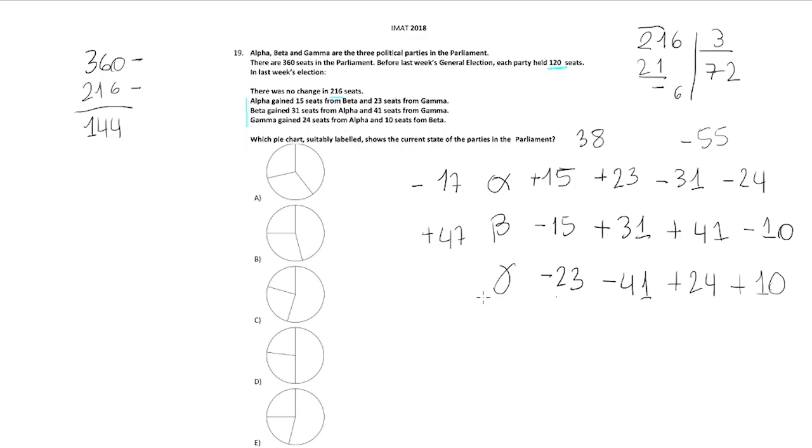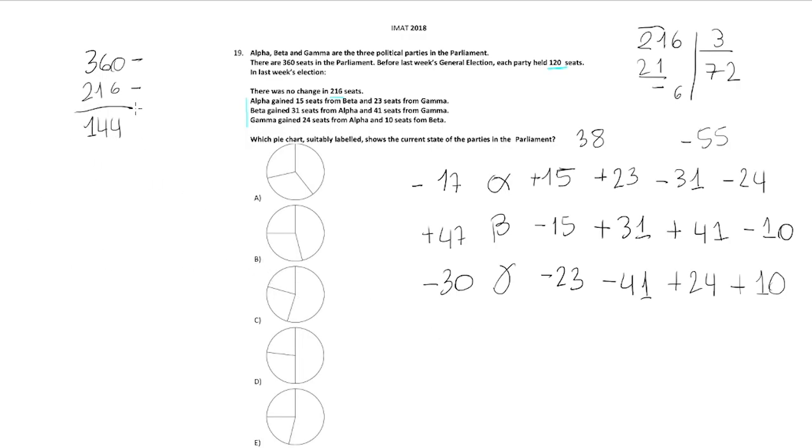And lastly we have gamma, who loses 64 seats but gained 34 seats, so in total he loses 30 seats.